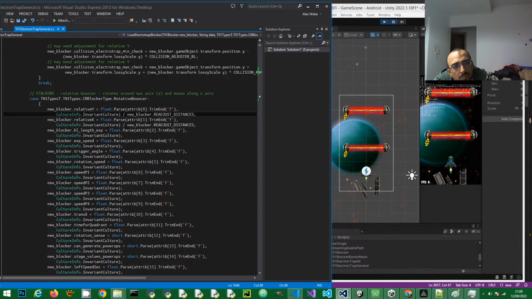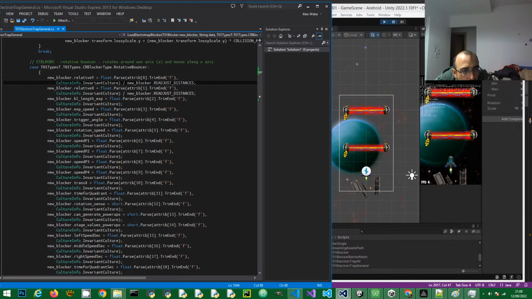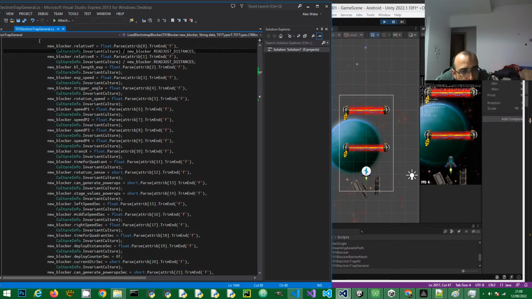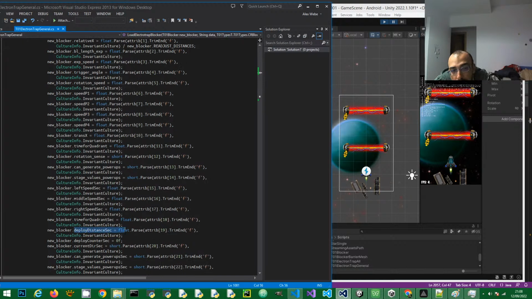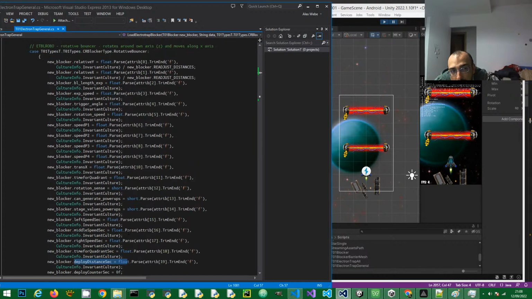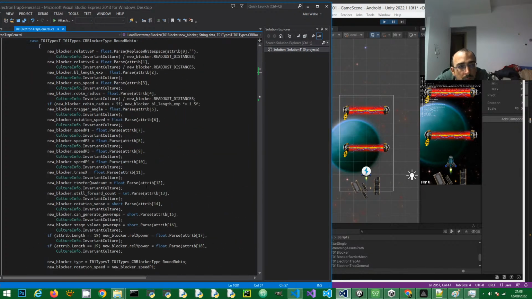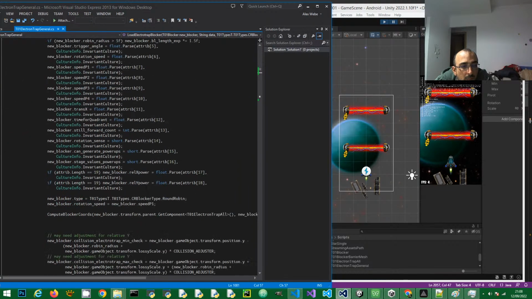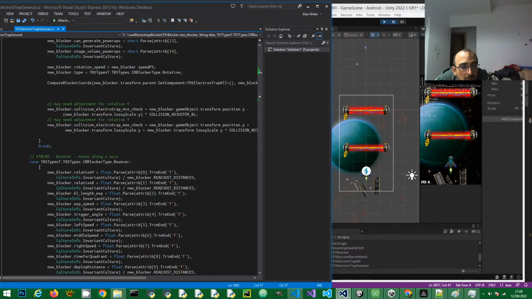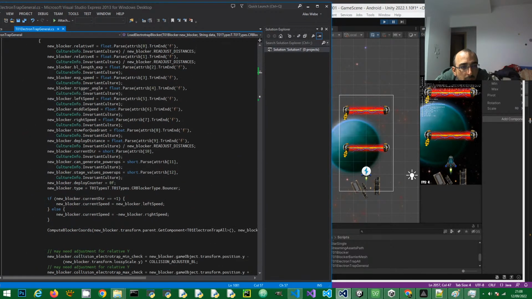Rotative bouncer. Deploy distance. Maybe, yeah. Let's see, bouncer. Round robin. Rotative bouncer. Deploy distance. Yes. Deploy distance also.